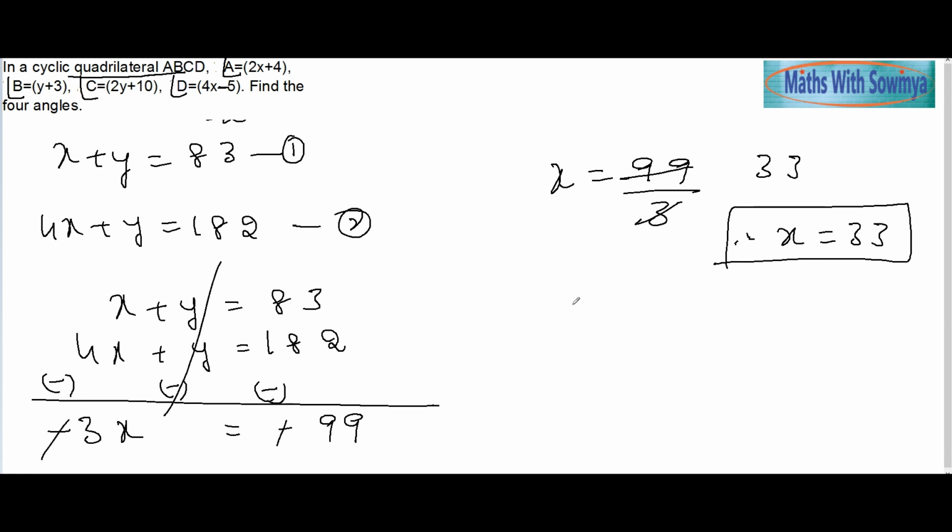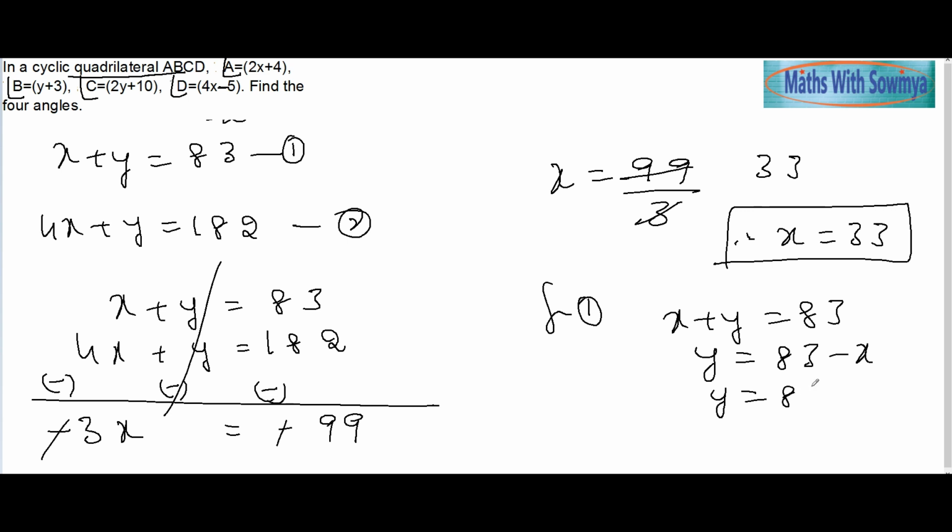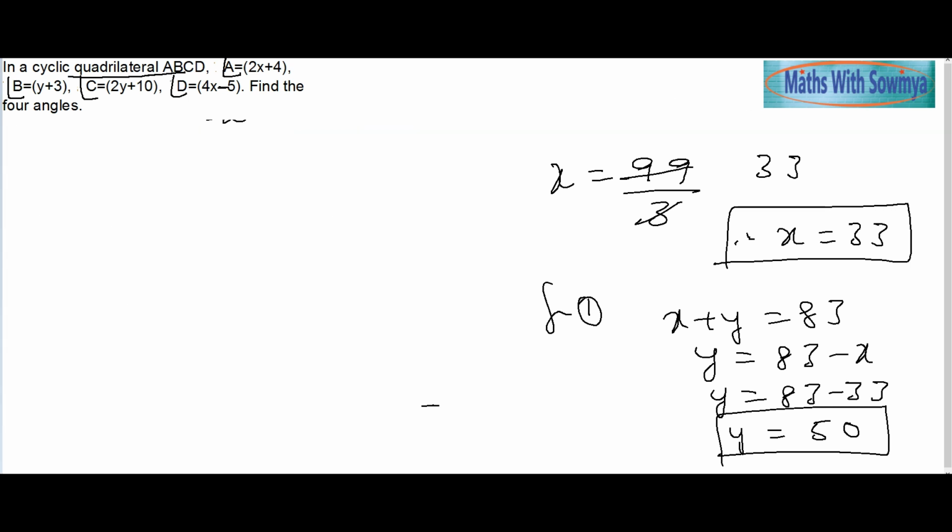We can use any of the equations here. From 1, x plus y is equal to 83. y is 83 minus x. y is 83 minus 33, which will be 50. We got the values of x and y. You have to just substitute the values of x and y in A, B, C, D. You will find the answers of the individual angles.